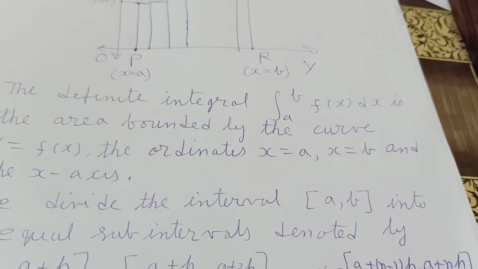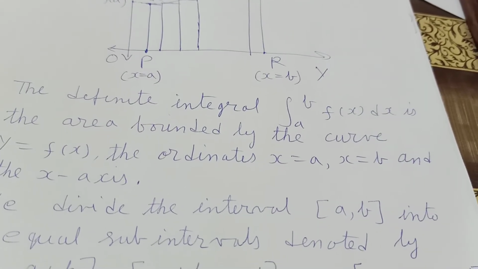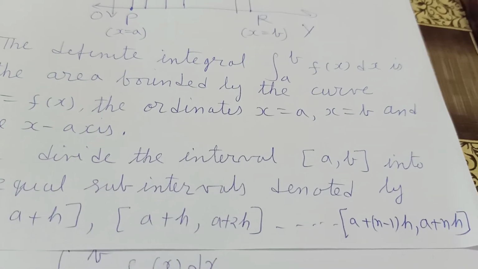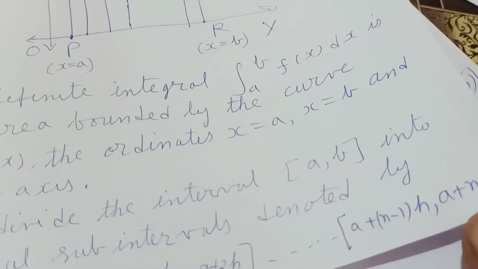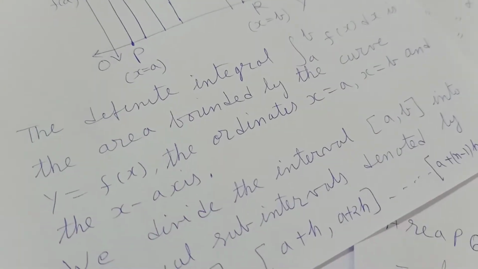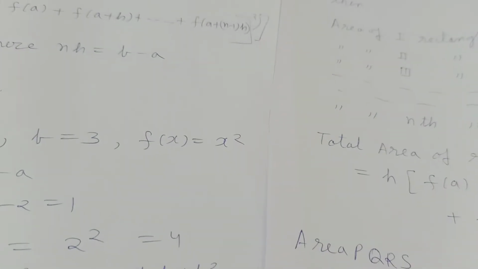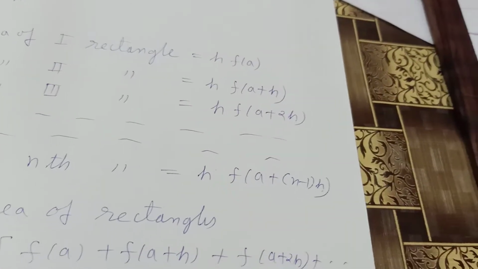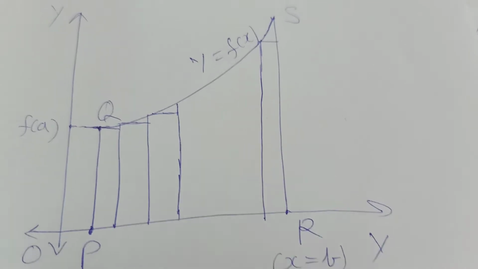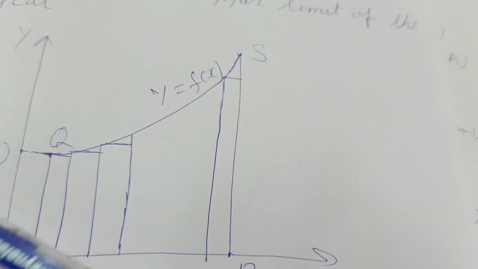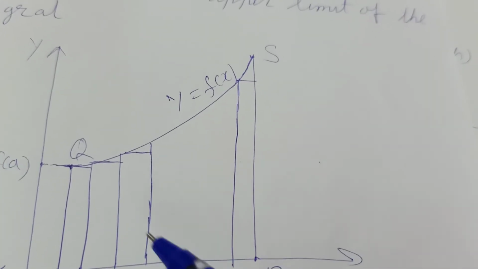So what we have done is divided the closed interval into n subintervals of width h. Now we have divided this region into n rectangles.